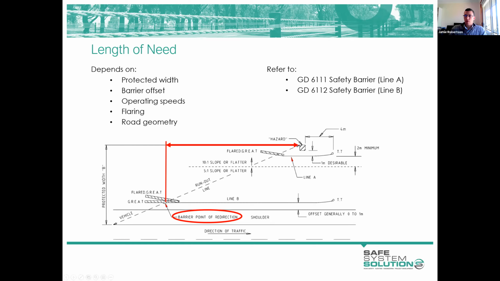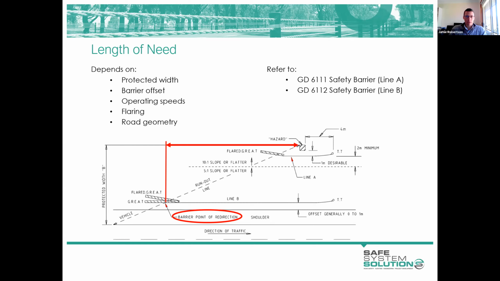You can see here we've got a barrier located quite close to the edge of the road, in which case it needs to be fairly long to shield this errant vehicle run-out line. If the barrier was nearer to the hazard, here for instance, it could be much shorter and still offer the same level of protection.